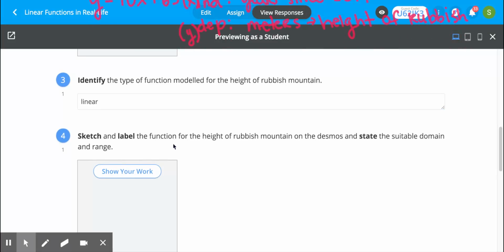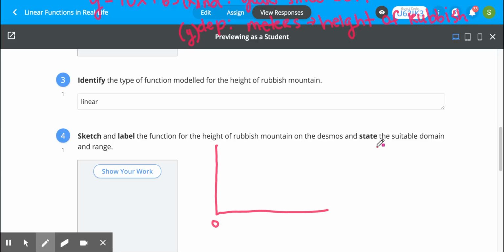And then sketch and label a function for the height of the rubbish mountain on Desmos and state the suitable domain. I'm going to sketch it by hand, just because I have this screen up here, and I think it is important for us to recognize how to sketch and label. So I only really care about the first quadrant, right? I don't care about what's happened before. If this is the number of years since 2019, 0 is 2019.